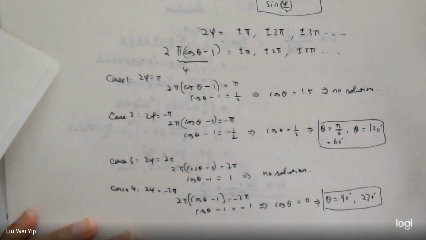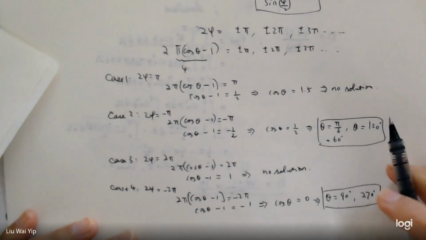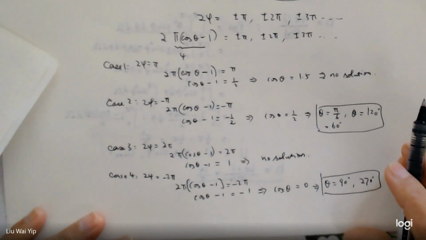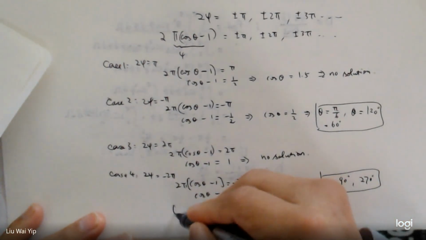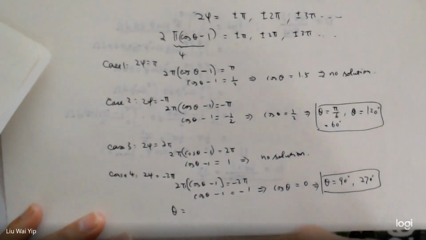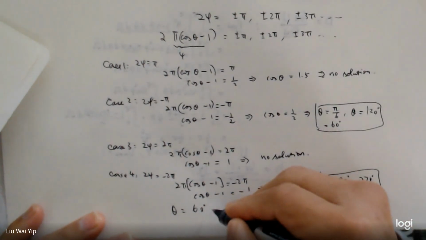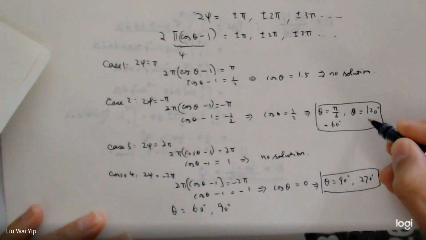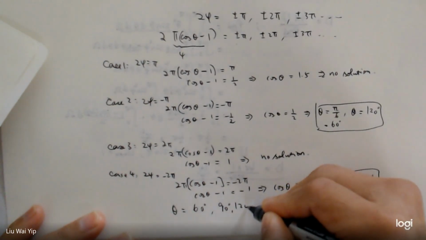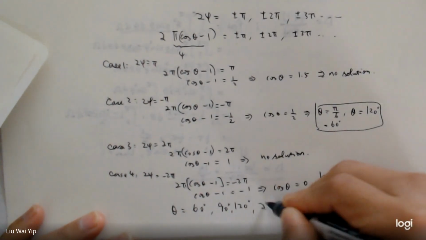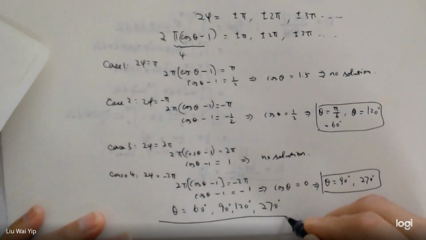So all the nulls can be found under this situation, depending on the range of theta that we are given. And in this case, I can bravely say that theta is equal to 60 degrees, then 90 degrees, then 120 degrees, and then 270 degrees. Okay, so this is what we get.